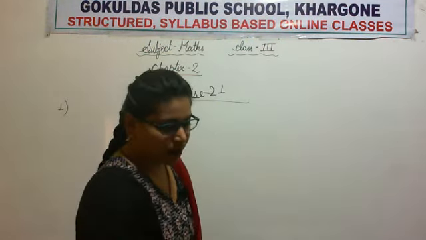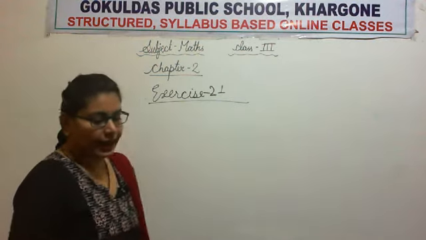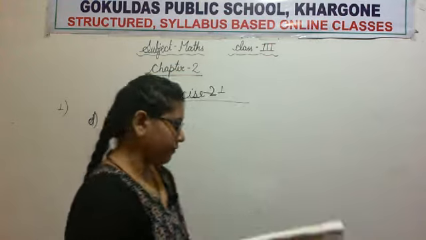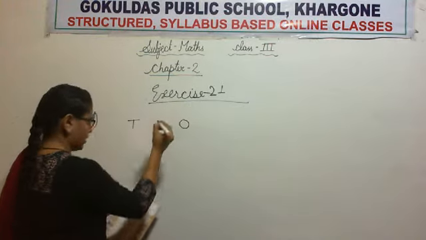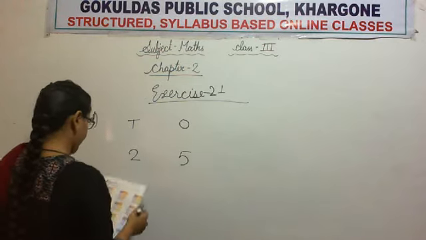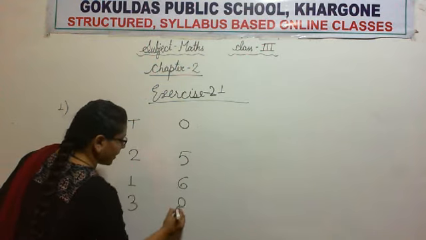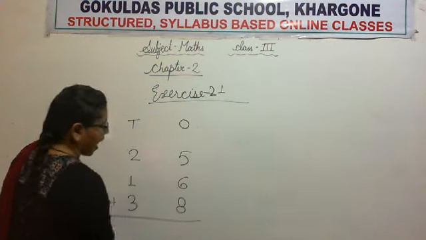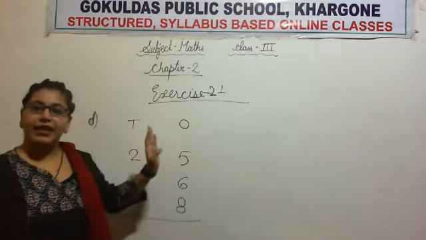Now I am going to solve part D. Tens, ones, and the numbers are 25, 16 and 38. How we will add them? We will add ones and ones and we will add tens and tens.